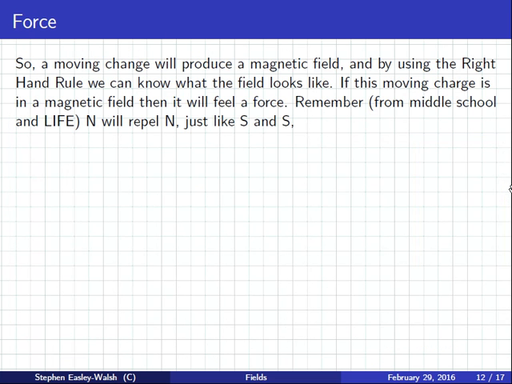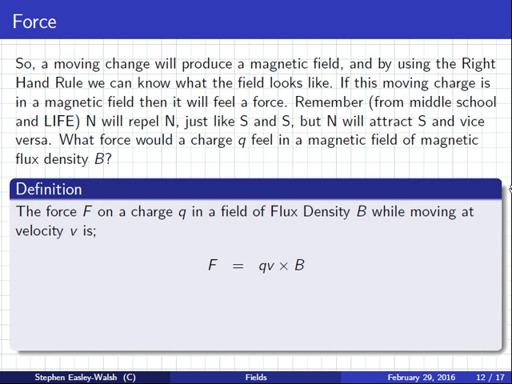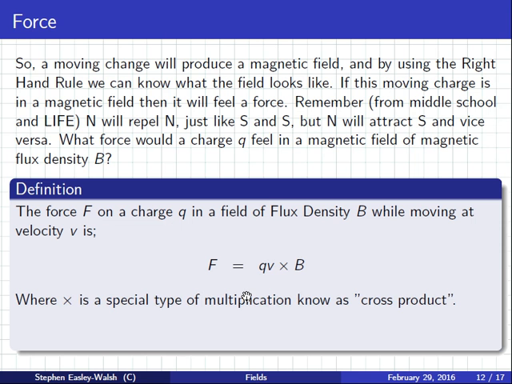The formula is Q V times B. Now, for this V and B, you should write this multiply symbol down because it's a special type of multiply. So write it exactly like this, where cross is a special type of multiplication known as the cross product.